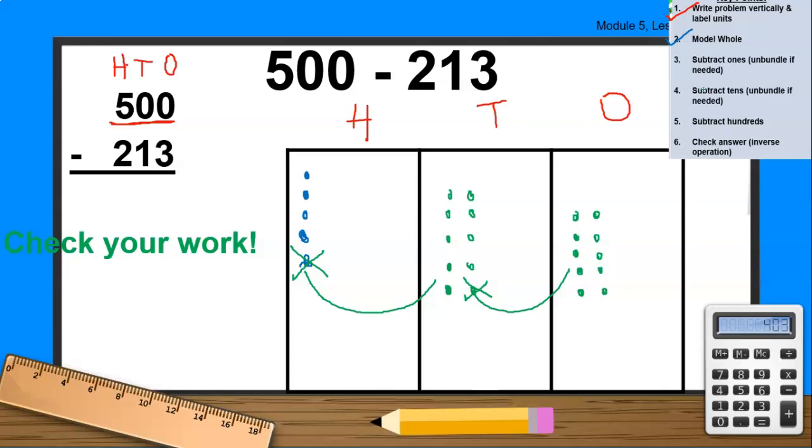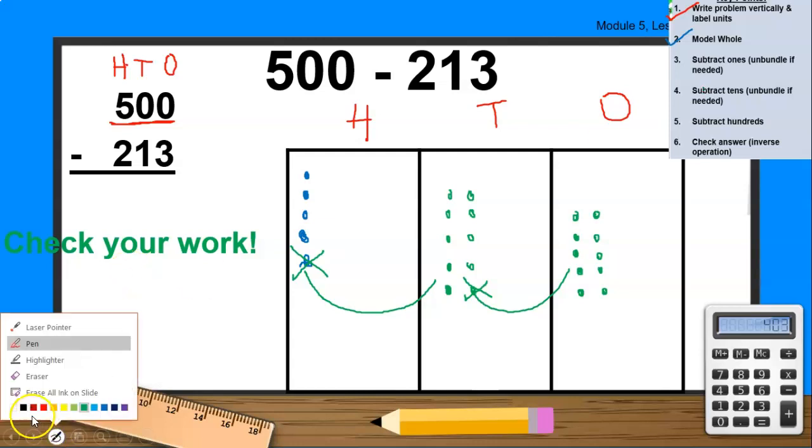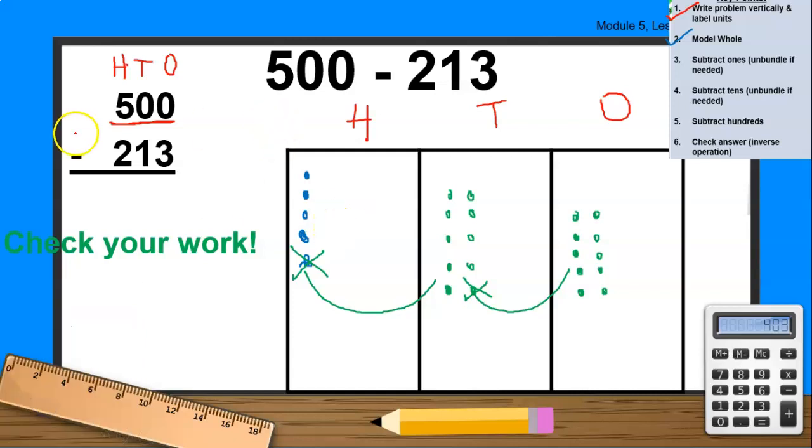If you said yes, you're partially right. We cannot subtract, boys and girls, if we do not rename the vertical form, because I don't have 500. Look at this. I have 400.